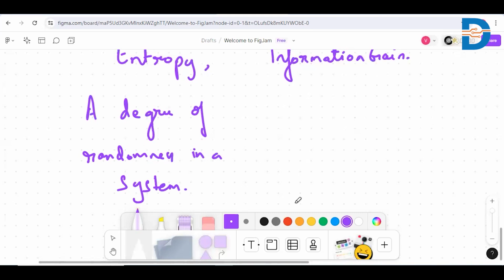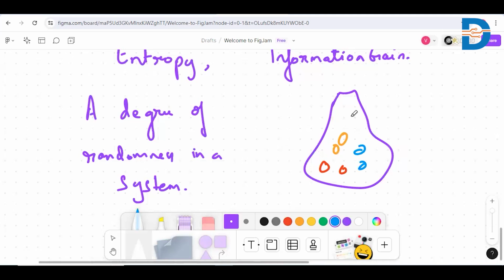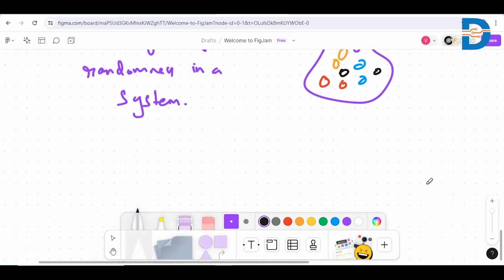For example, if I had a bag, something like this, and it had a lot of red balls, a lot of yellow balls, a lot of blue and purple and black, this is a system that I would call one of high entropy. There's high entropy in the system.